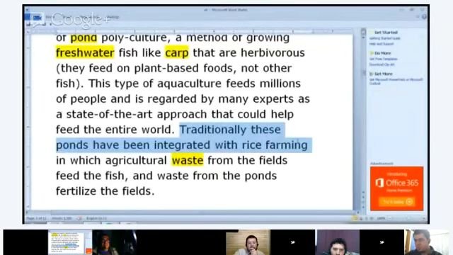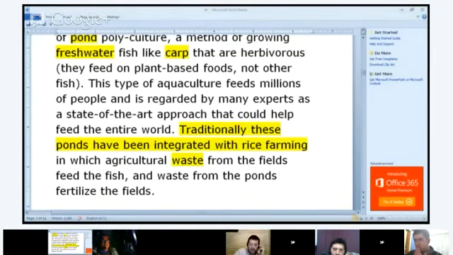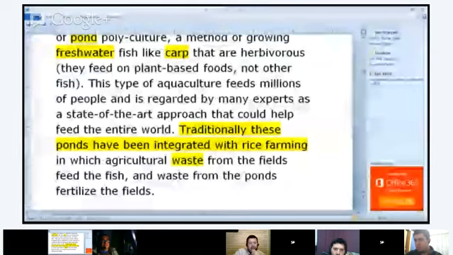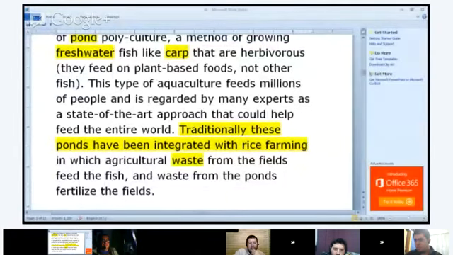Anyone? Yes, Geoff. They are integrating fish farming with agricultural farming. Yes, and what type of farming? Rice farming. Yes. Because rice fields are often flooded with water. Rice grows in water. Yes. And so they're doing two things in the same area.